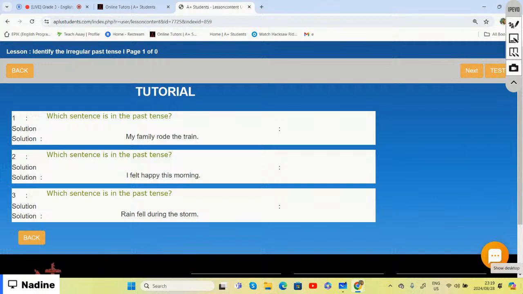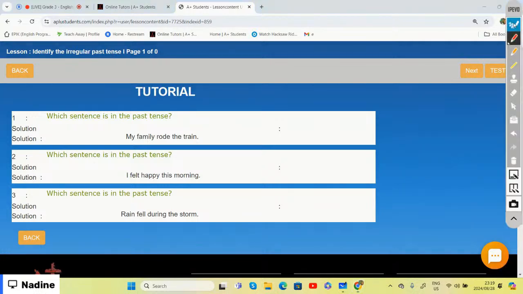And if we were to identify irregular past tense, irregular past tense is rode, because ride is our present tense, but in the past it is rode. Yes, well done. Rode is correct.